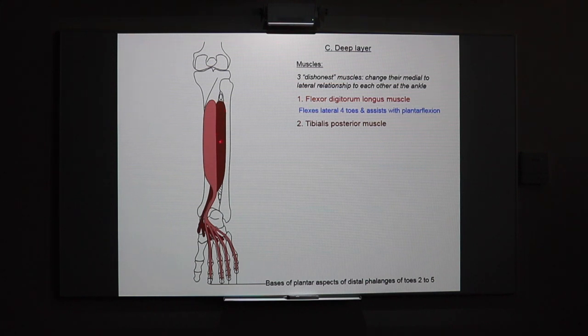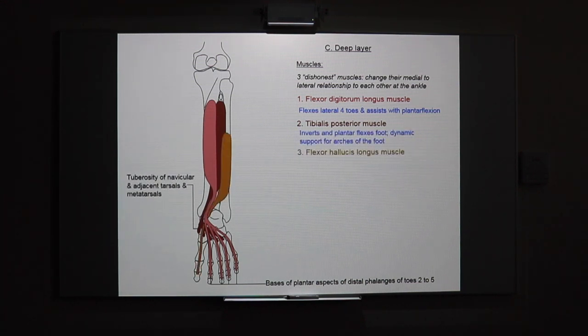But you can see that it arises from the lateral half of the posterior surface of the shaft of the tibia and interosseous membrane, and near the ankle it crosses the flexor digitorum and becomes medial to the flexor digitorum longus. Now look at the last muscle here, which is the flexor hallucis longus.